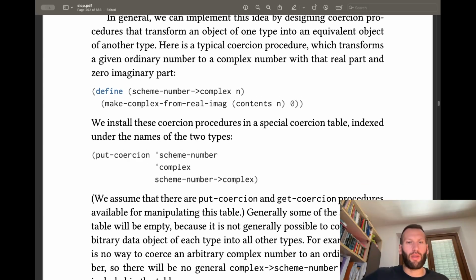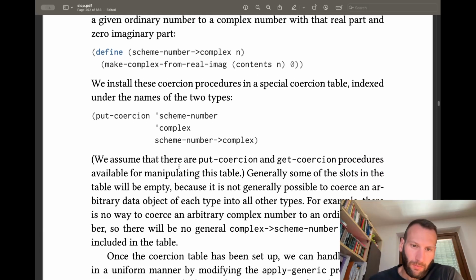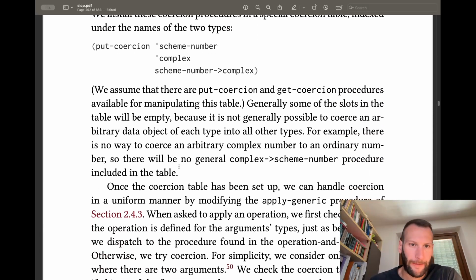And we install these coercion procedures in a special coercion table indexed under the names of the two types. We assume that there are put coercion and get coercion procedures available for manipulating this table.